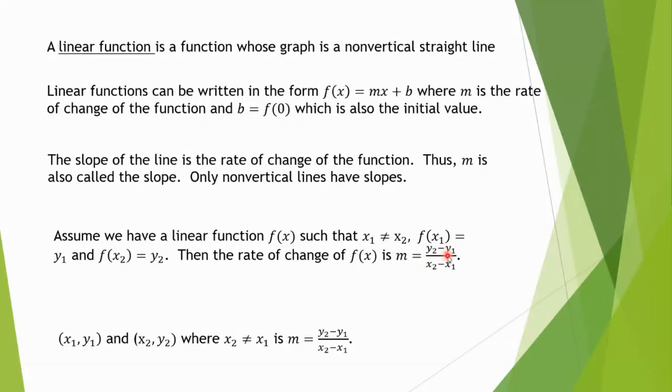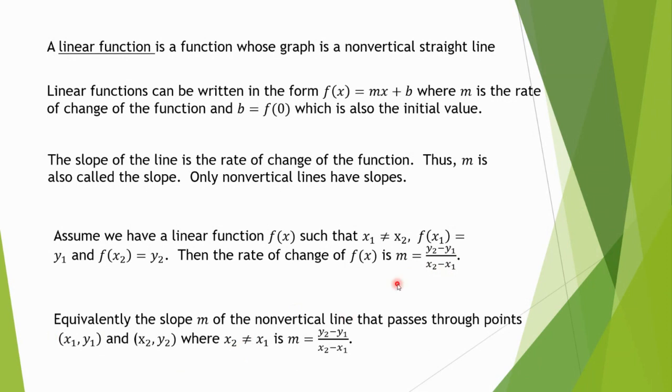You subtract two outputs divided by the corresponding inputs, or you could think of it this way. If the line passes through these two points with different x values, then you can get the slope this way: change in output over the corresponding change in x.